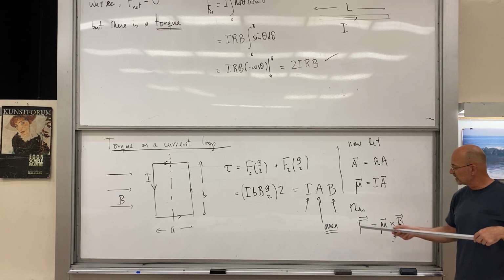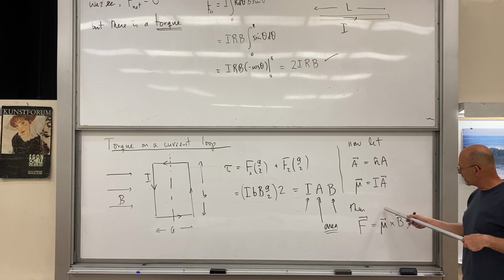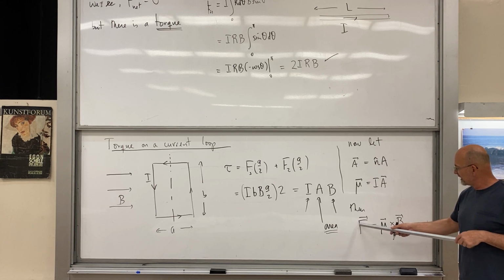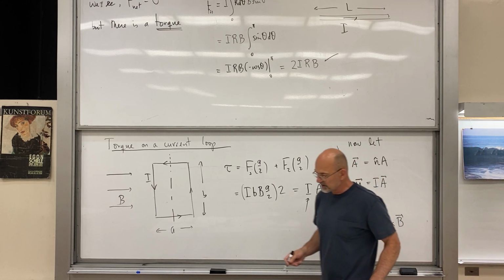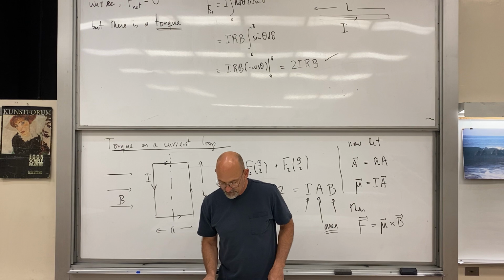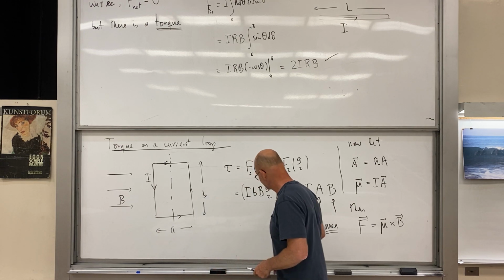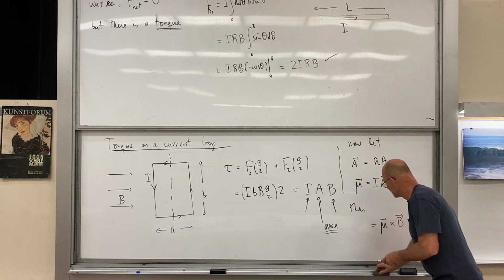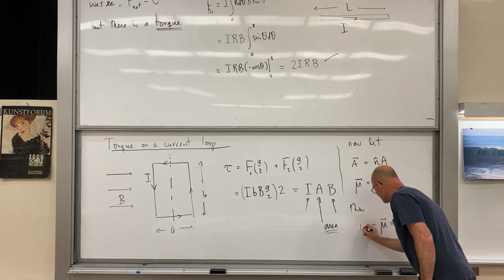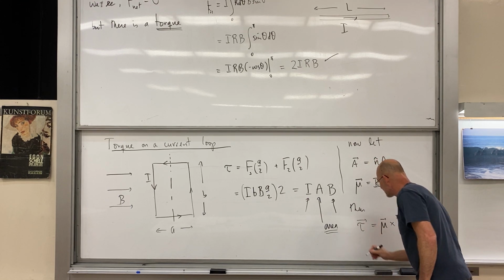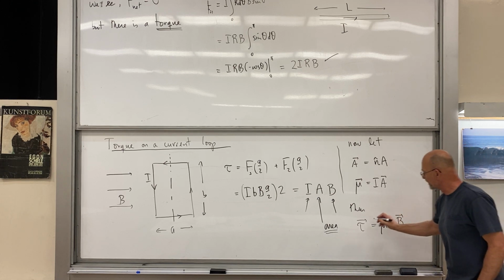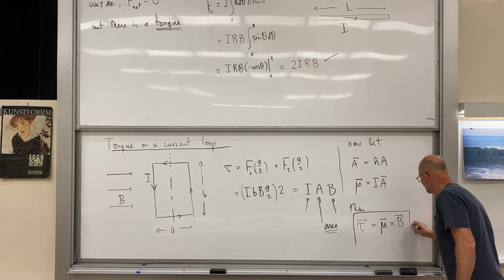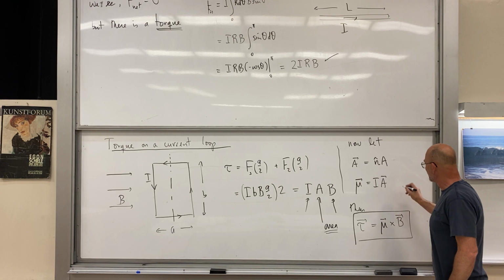Very useful for little loops. Current, the directed surface area, crossed into the B field, giving us, actually not the force, the torque. Yes, the torque. Okay. Which is also a vector. So magnetic moment.